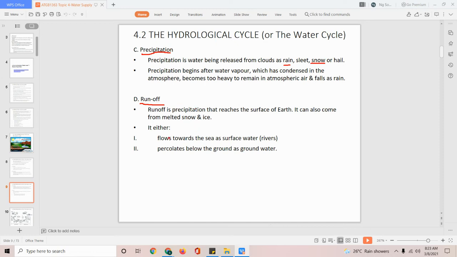Runoff basically means that rain falls onto the ground, and at the furthest end, the rain drops on the mountain. From the mountain, the rain will slowly form a river, and the river will end up towards the sea as surface water.